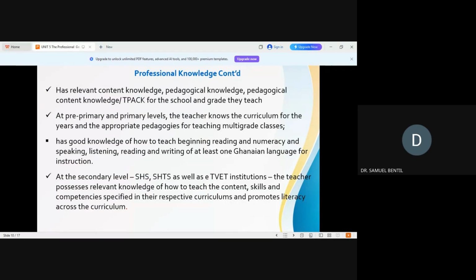You must also have good knowledge of how to teach beginning reading, numeracy, and speaking, listening, reading, and writing of at least one Ghanaian language for instruction. Especially when you find yourself at a level where at times you have to blend the L1 with the L2, or where you have to use L1, you must be able to read in a Ghanaian language.